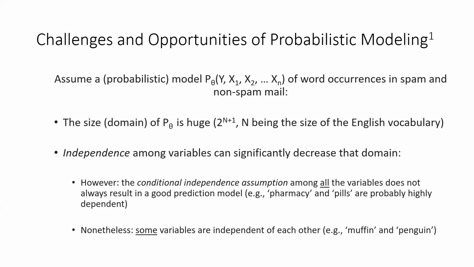Now, on the other hand, independence among variables can significantly decrease this domain. For example, we know that we don't need to define dependencies between, say, cleaning and, I don't know, sheep, because they're probably independent.